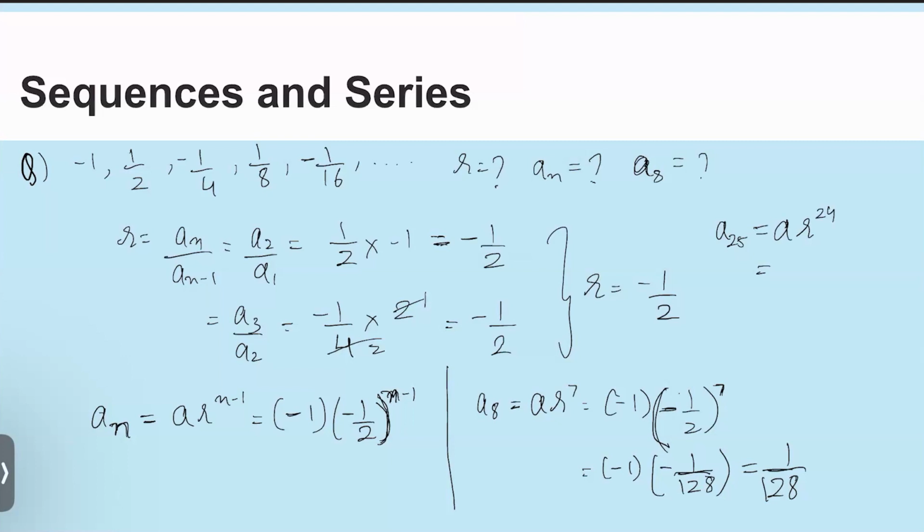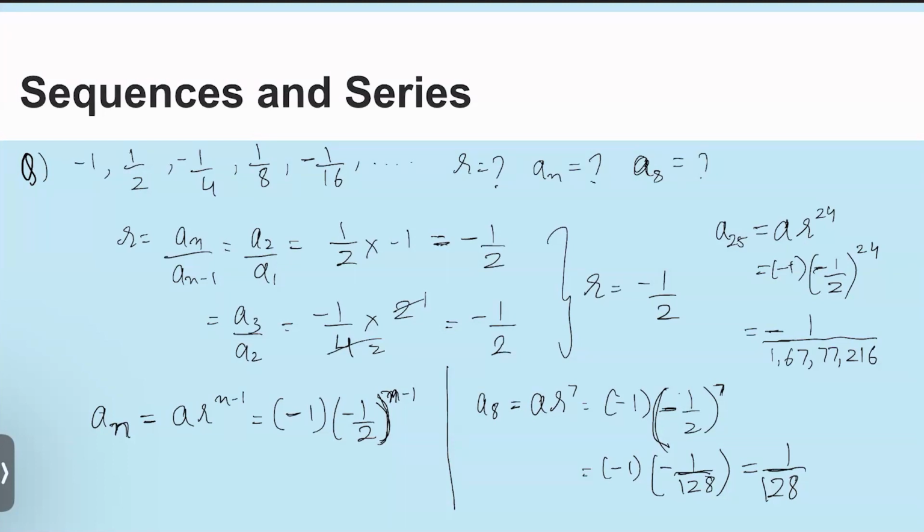So we have minus 1 and minus 1 by 2 raised to 24. Where your minus sign will go as and when we solve for 1 by 2 raised to 24, you will get the term as positive. So 1 upon, this is a large number again, 16777216. It is easy now when you find it in these terms.